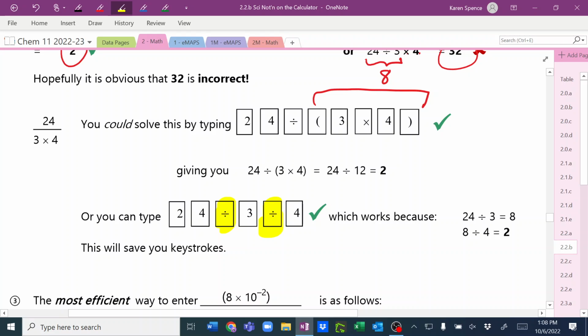Because we have 24 divided by 3, which gives us 8, and then we divide by the 4, which we also want in the denominator, and that will give you 2. Okay, for some of you that's going to be intuitive. For other people, you'll be like, I don't get it. Just continue using the brackets if that makes more sense to you for ones that are not involving scientific notation. Okay.